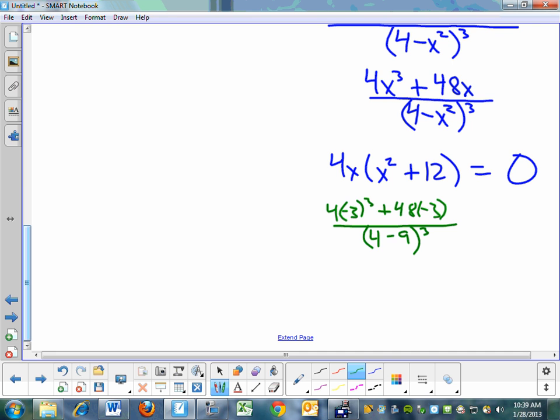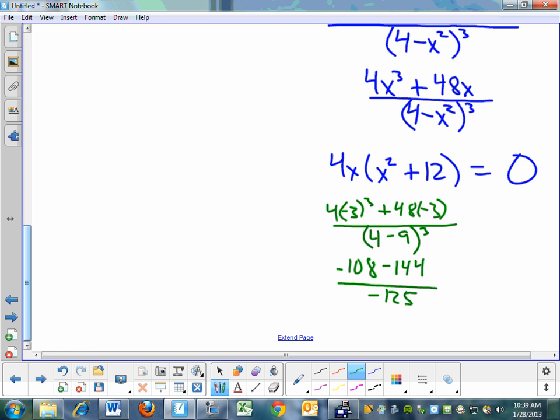What's negative 3 to the third? Negative 27 times 4 is negative 108. 48 times negative 3 is negative 144, over negative 5 to the third, negative 125.